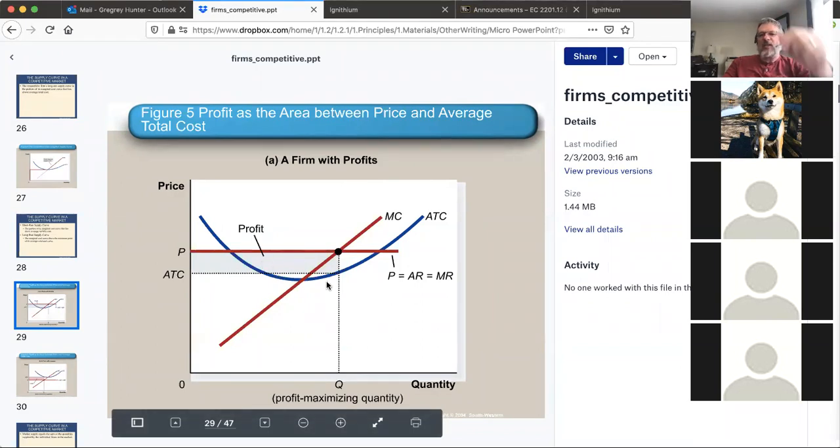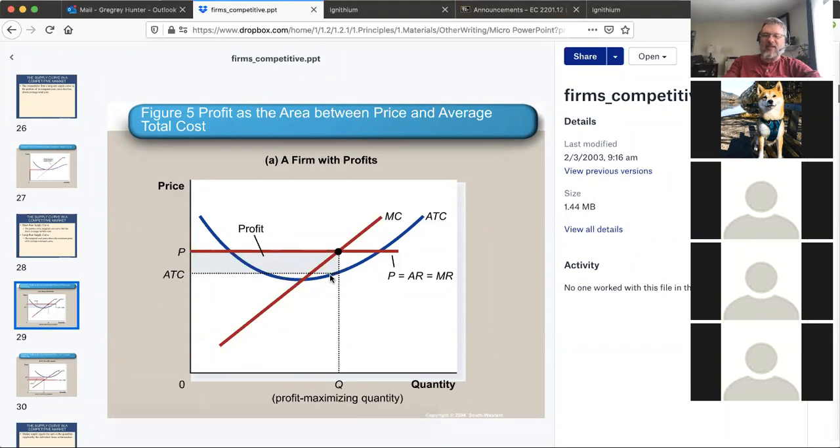The only other thing that's a little bit missing is notice that from our equation, ATC is equal to TC, total cost, divided by Q, so multiplying both sides by Q, ATC times Q is equal to TC.